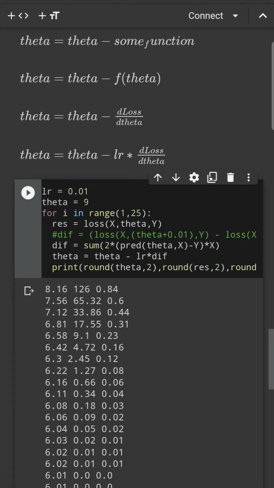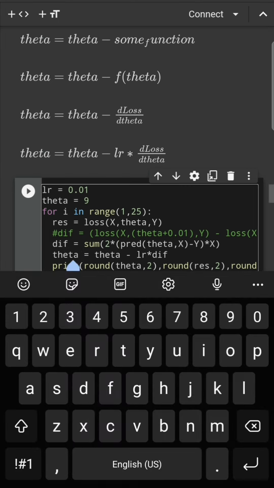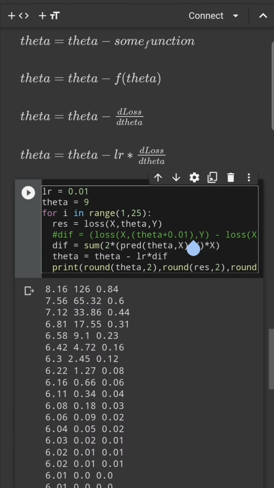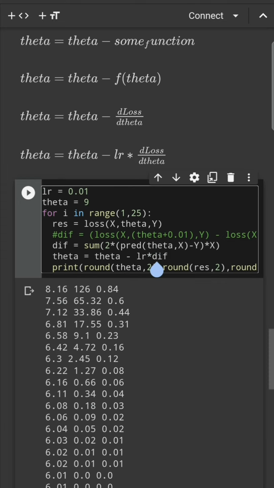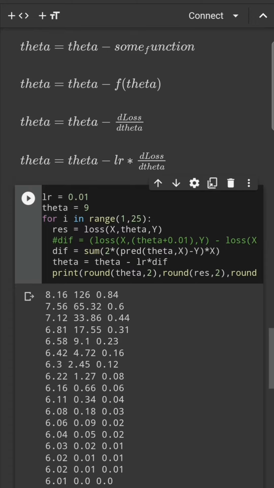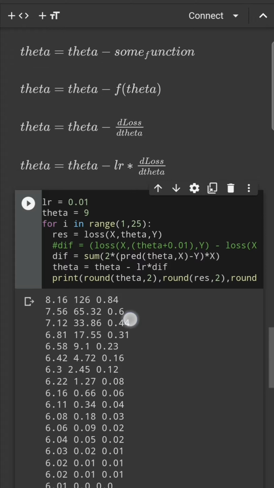Now we have another theta being updated over here, right? So now we have a different theta, that is 8.6, and when we find the derivative at 8.6, I get 0.6. So now 8.6 minus 0.6, right? And you can see loss has decreased the second time. Also theta is dropping, and the differentiation multiplied by the learning rate is also decreasing.